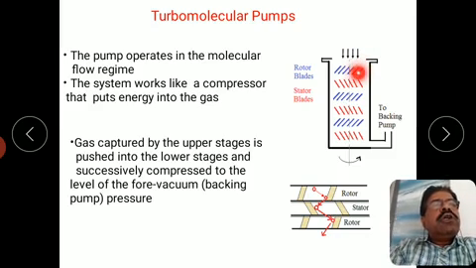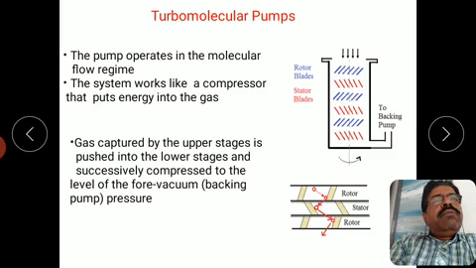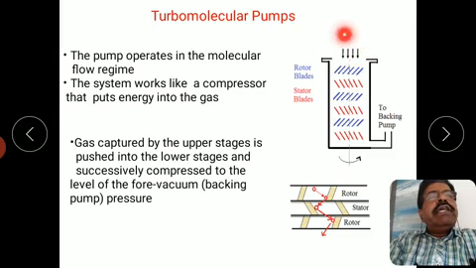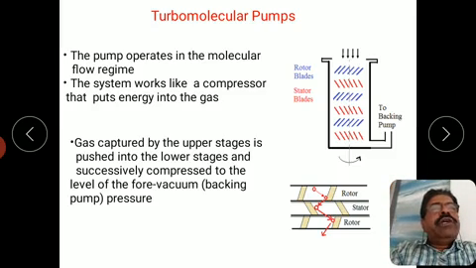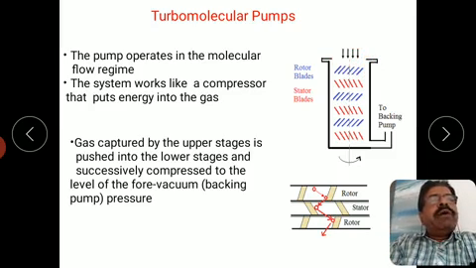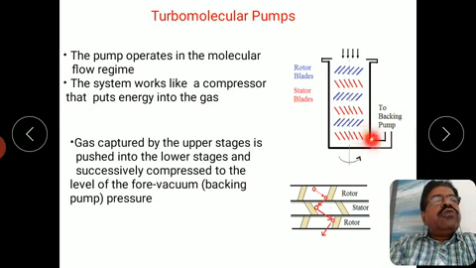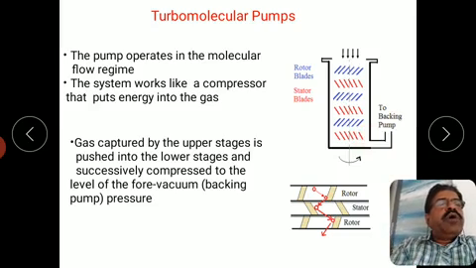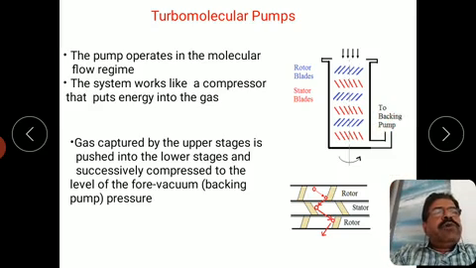This turbomolecular pump should be operated in the molecular flow regime. That means initially you need to maintain a slightly lower pressure in the chamber, which is possible by applying the backing pump. So the turbomolecular pump needs the use of a backing pump. Again, the gas molecules at the discharge point cannot be directly thrown against the atmosphere.